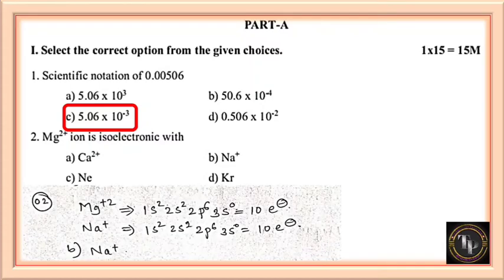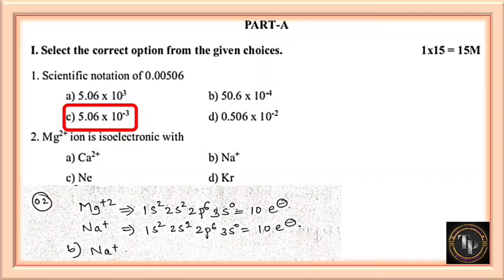I hope you understood. See, second question, Mg2+ ion is isoelectronic with. What is isoelectronic species? The species which have an equal number of electrons are called isoelectronic species. See, Mg2+, its atomic number is 12. Plus 2 means 2 electrons are already eliminated. So the electronic configuration would be 1s2, 2s2, 2p6, 3s0.